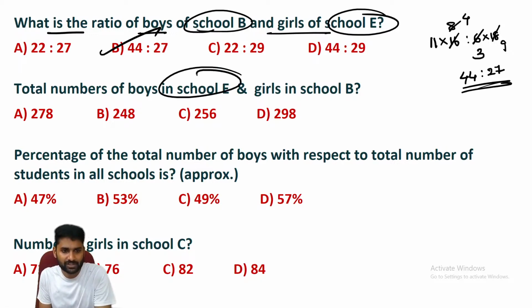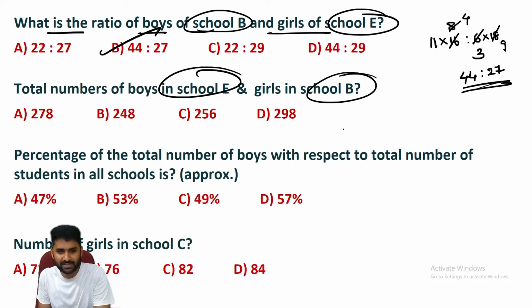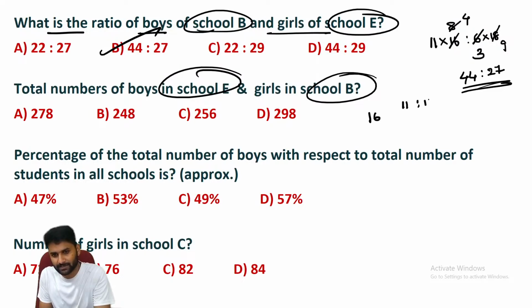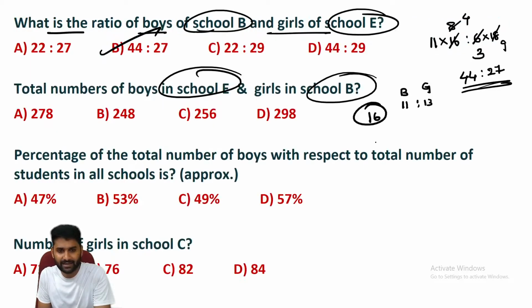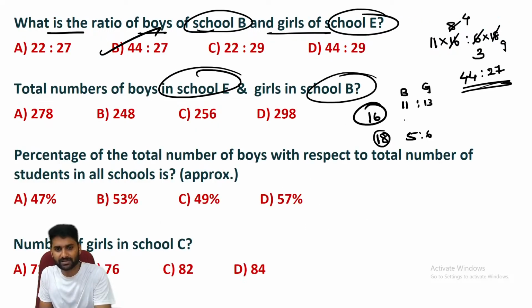Now the next question: the number of boys in school E plus girls in school B. From the B data, B is 16 units, divided in the ratio of 11 to 13, and each unit is 16. Let's go through the E data, 18 per unit, divided in the ratio of 5 to 6.